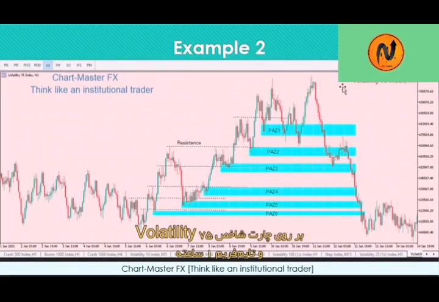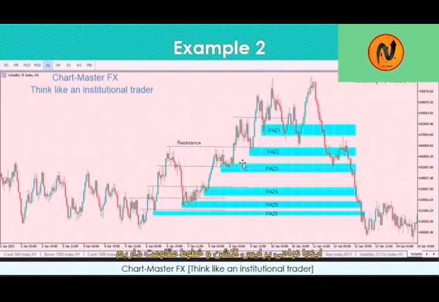On example number 2, we are on the Volatility 75 Index on the H1 time frame. Here you can see that we have our price action zones and our resistance. The first thing you have to do is draw your resistance lines. Once you draw your resistance lines, you can draw your price action zones.